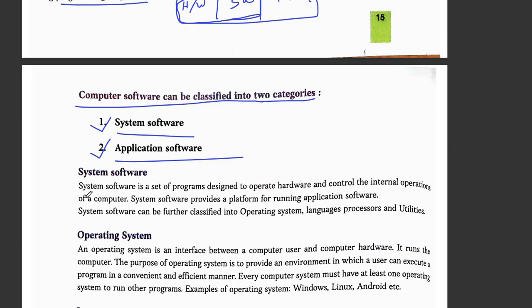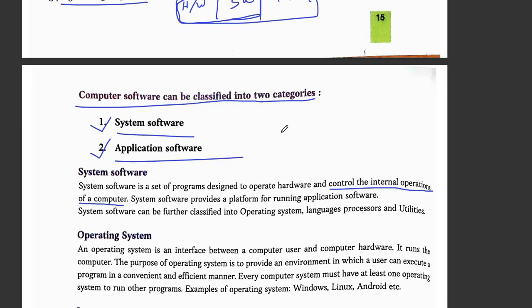So, what is system software? Let's understand that. System software is a set of programs designed to operate hardware and control the internal operations of a computer. This part is very important. It is used to control the internal operations of a computer, meaning the softwares that are used to run the computer are called system software.